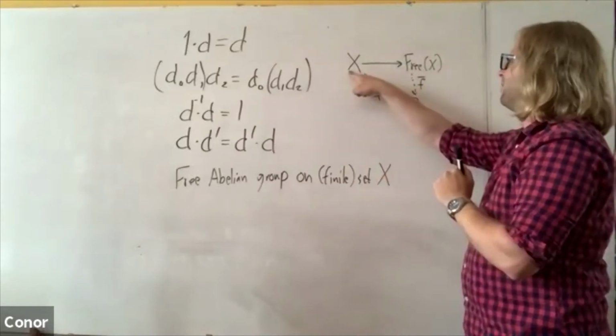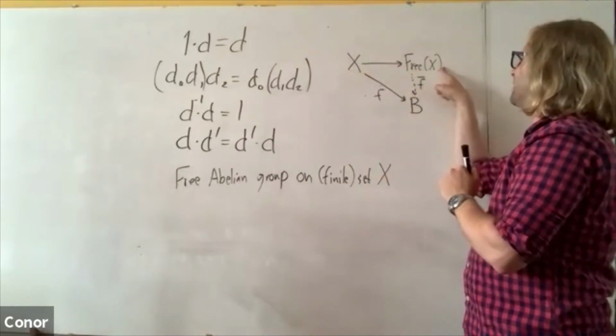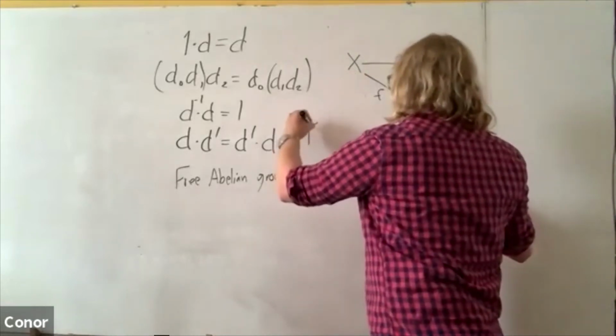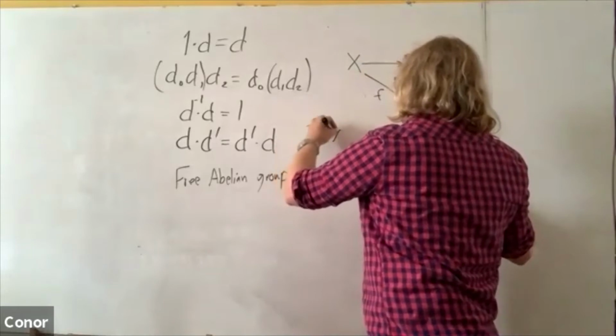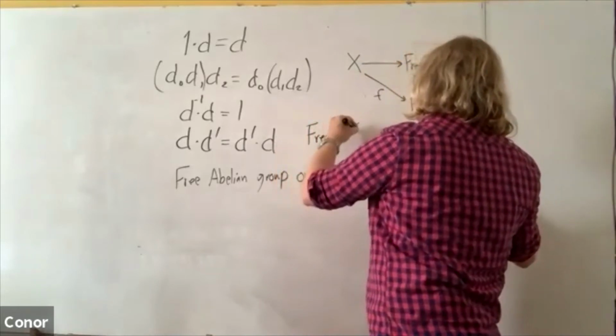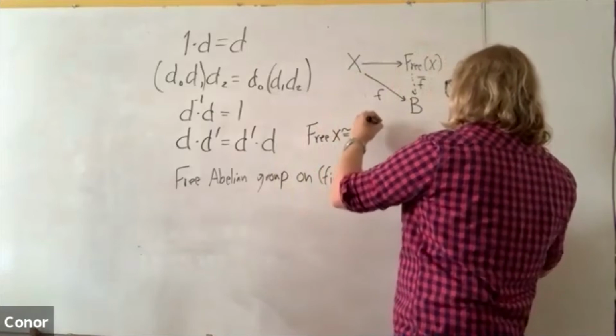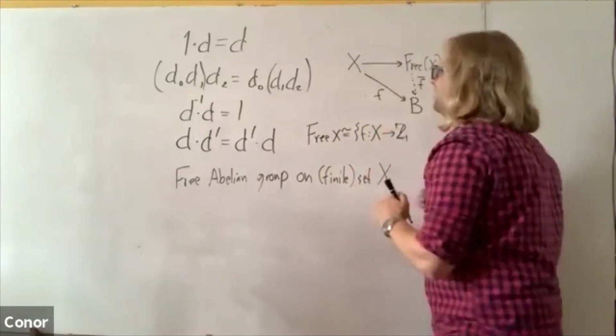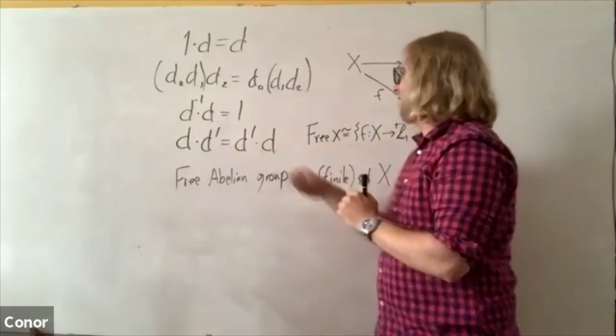We just have to give the function on the generators, and then we get it for the whole group. And if you want, you could explicitly represent this thing as functions from X into the integers, which intuitively tells you how many of these you have.